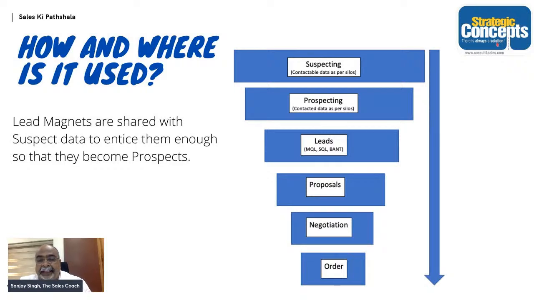What do I do? I create a lead magnet and share it with those people who can make a warehouse, with a benefit statement which has financial benefits. I convert an infinite list of warehouse owners into a finite list of warehouse owners, someone who is interested in buying a warehouse right now. So you see where exactly on the sales funnel you can make use of your lead magnet.